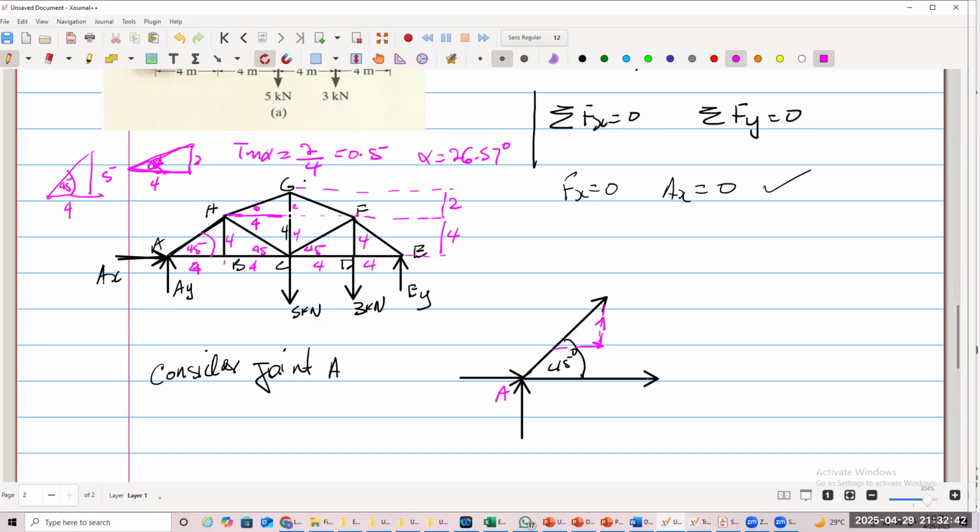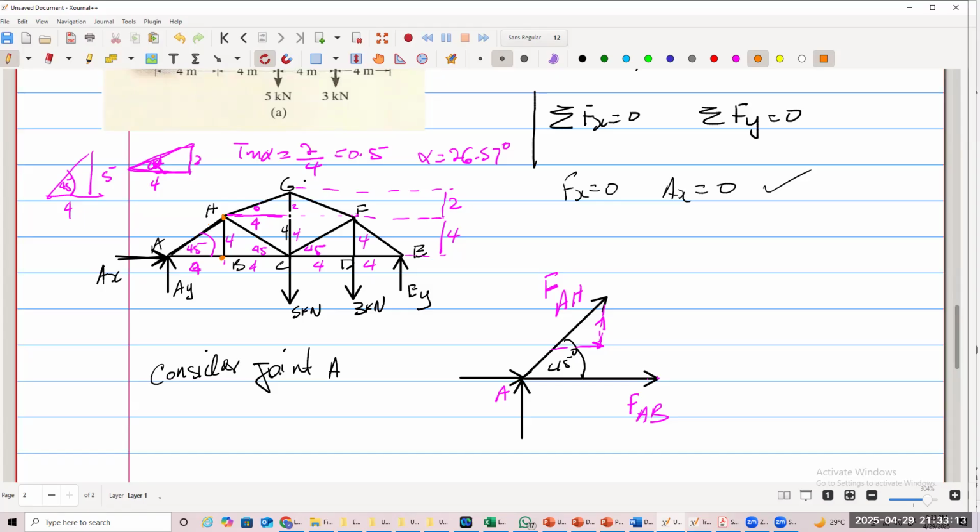This is A, and you could call this FAH. What is this point now? B. So this member is going to be AB. Why do I call it that? Because up to this point is B, up to this point is A. So you must call it FAB.